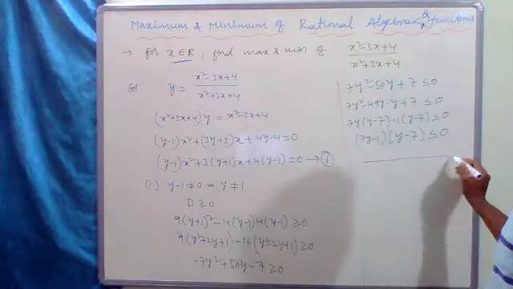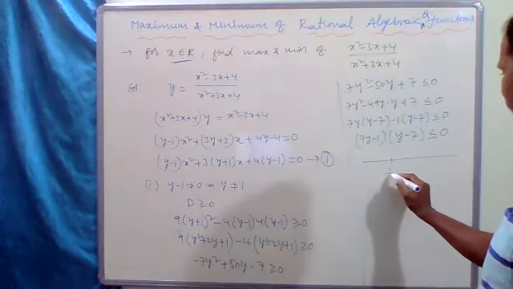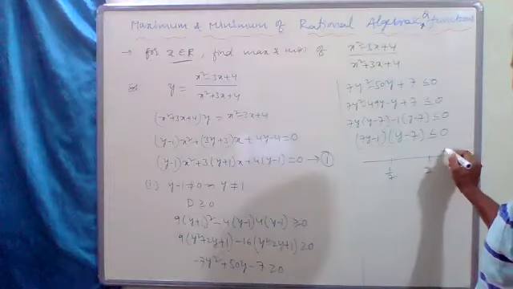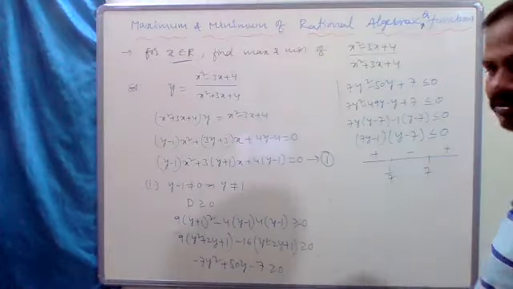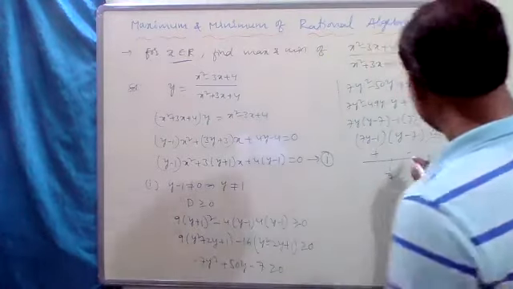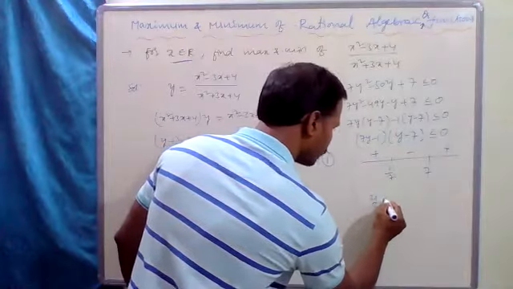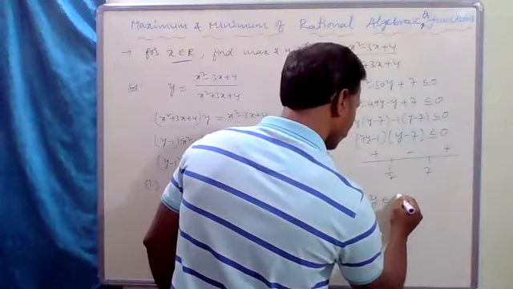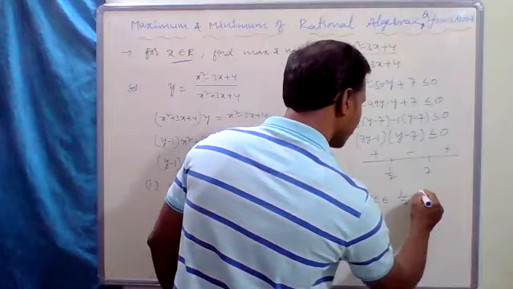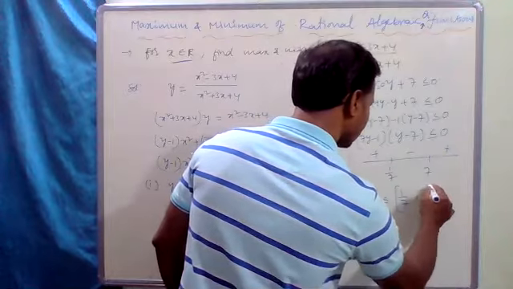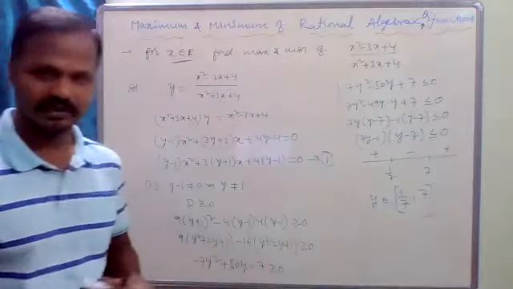So take the real line, with points 1 by 7 and 7, and the signs are plus, minus, plus. We want less than or equal to 0, so y belongs to the closed interval 1 by 7 comma 7.